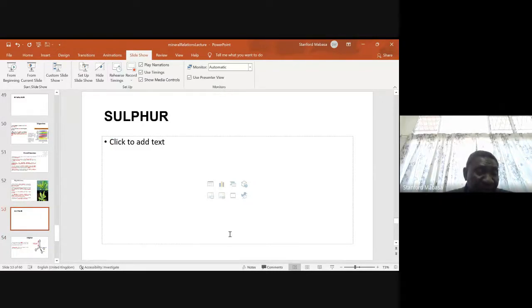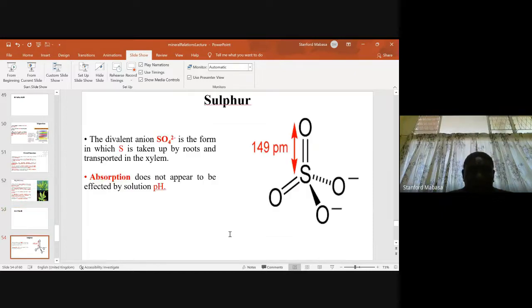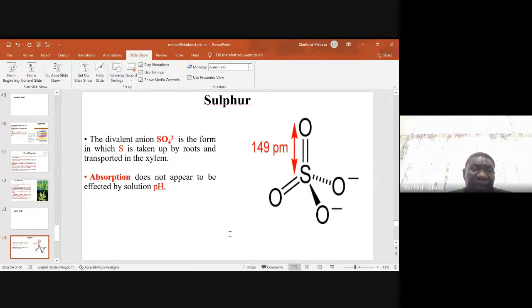Now, sulfur. Sulfur is a divalent anion. I mean, sulfur is actually taken as a sulfate, which is a divalent anion.